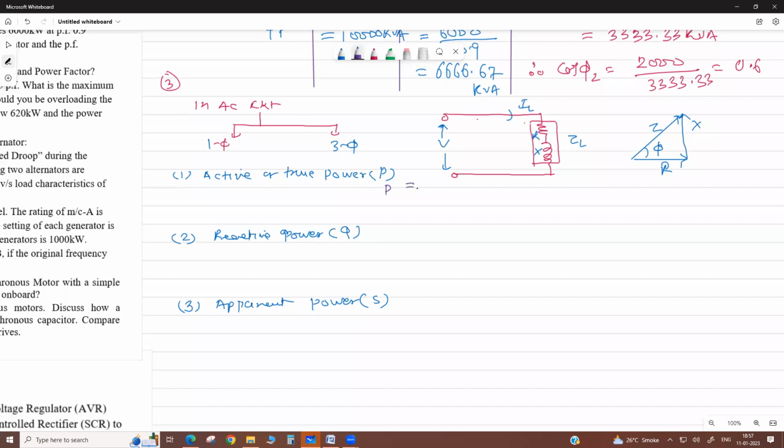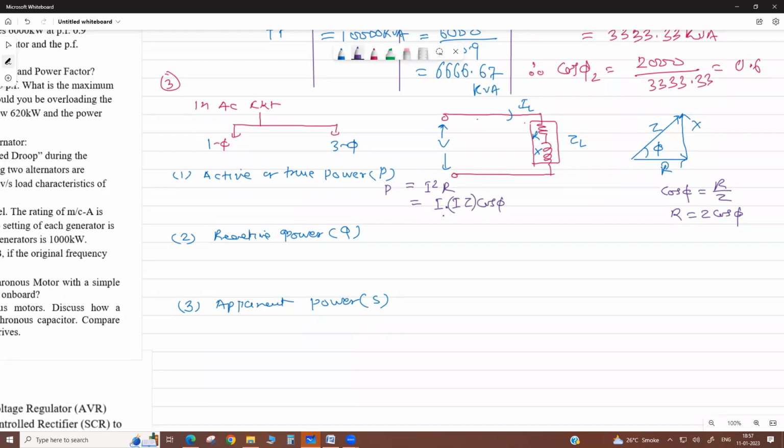Means P equals I square R. Now if we put the value, cos phi is the R to Z ratio, power factor. Then R is Z cos phi. So if we put this value, I into I, it is I squared Z cos phi.